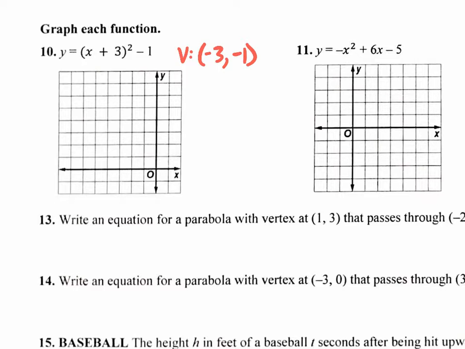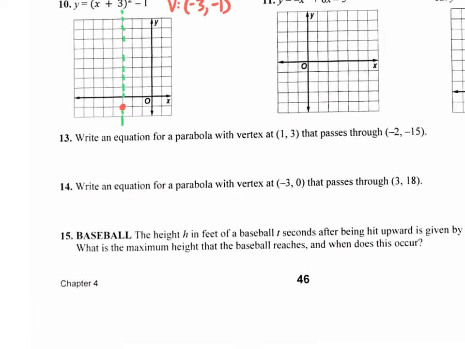So the vertex is negative 3, negative 1, which there's your vertex. Then you start by drawing an axis of symmetry right through the vertex. Then, of course, you could use the pattern because your A value is what? 1. 1, 1, 2, 4, 3, 9, right? That's a pattern because your A value is 1. So anyways, you should be able to do that. The answers are on the back so you could check it.